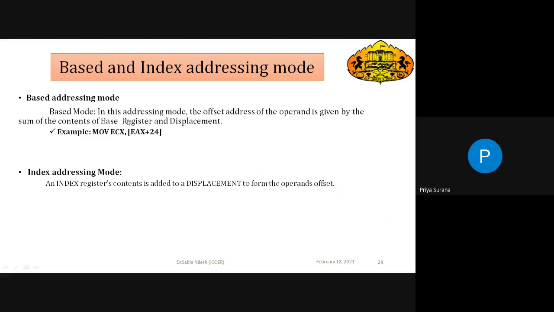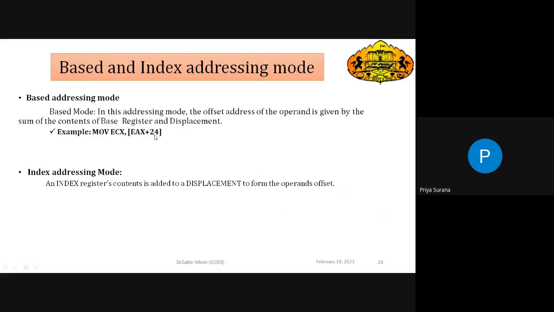See the definition given, the offset address of the operand is given by the sum of the content of the base register and displacement. This EAX is acting as the base register. Displacement is the value which is added, or which will be used to increase the memory location. So that is a direct value which is added to the memory location.